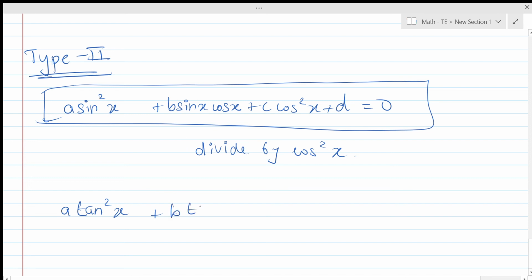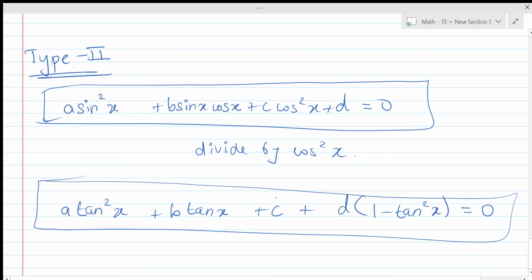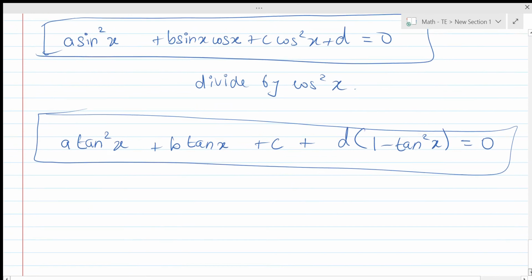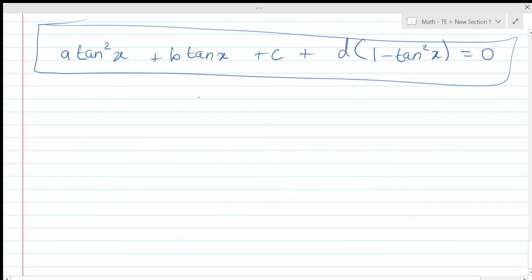So this becomes b tan x plus c, plus d upon cos square x as sec square x, and sec square x can be written as 1 plus tan square x, is equal to 0. So there you go. We can solve it quite easily from now on because it's just tan. We can assume tan x to be t and solve it just like a quadratic equation.